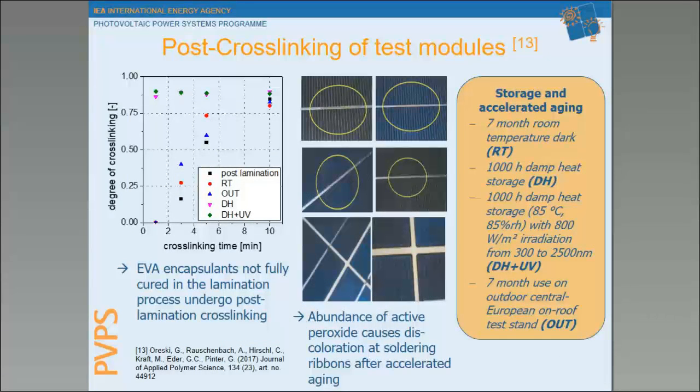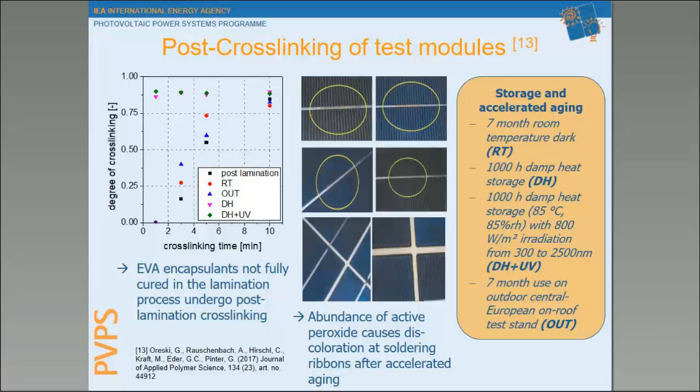And the last example is what happens when you do not cross-link your PV module enough. So when you have too low lamination temperatures, or too short times, what we showed in this study is that when we put the modules out on the roof or into accelerated aging tests, the module will cross-link due to these conditions. But after some time, we observed corrosion on the ribbons.